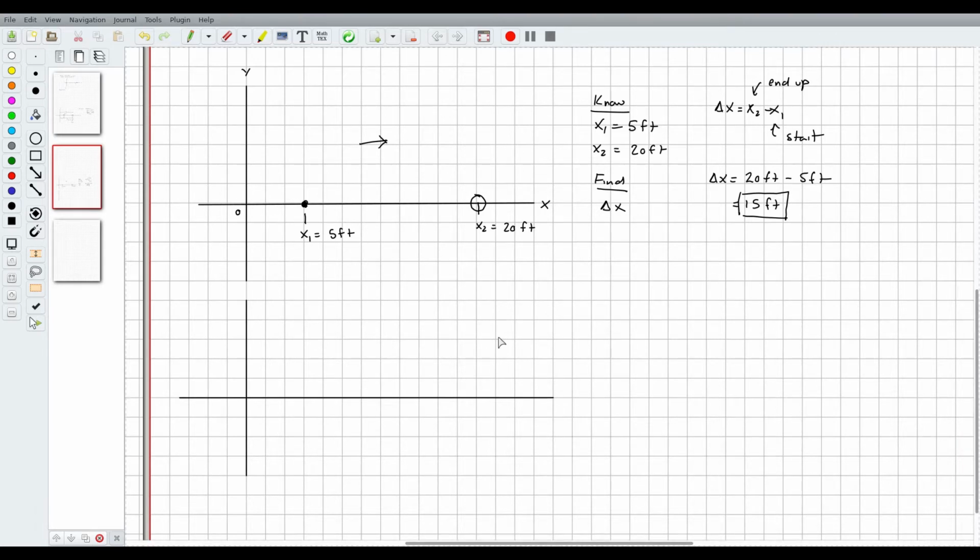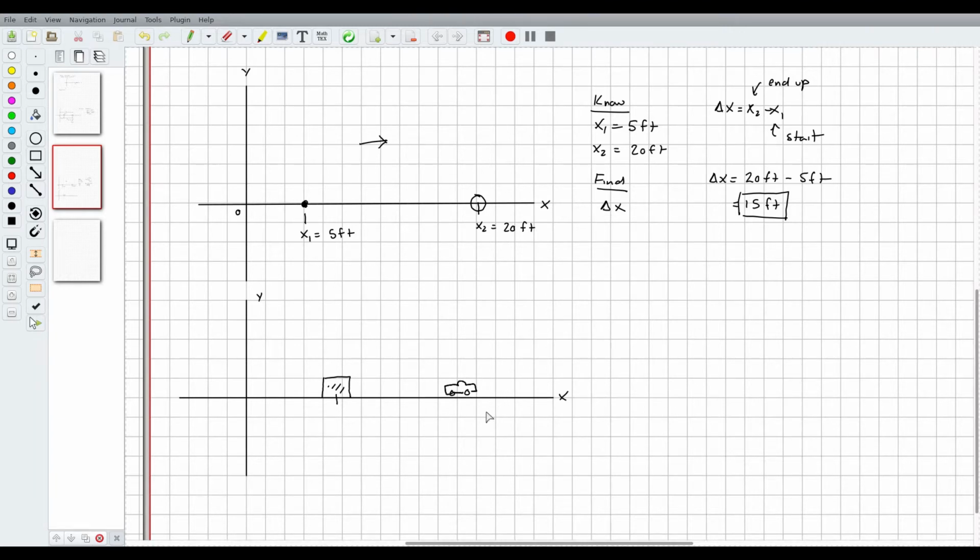So, in this example, and let me label our axes, I'd like you to think of having a store right here that you're going to go into, and you park your car over here in the parking lot.